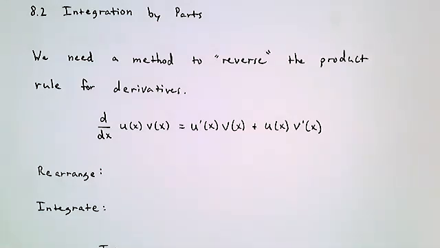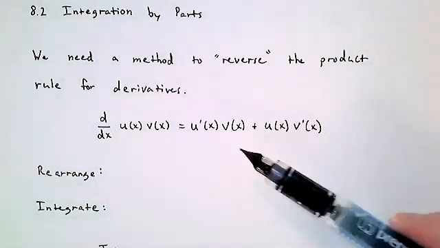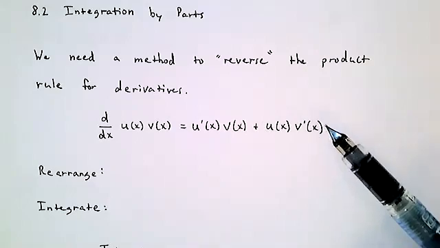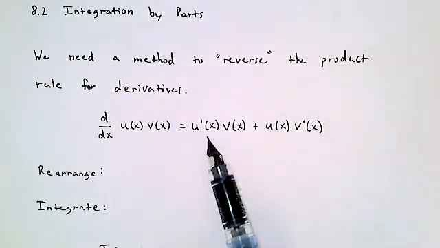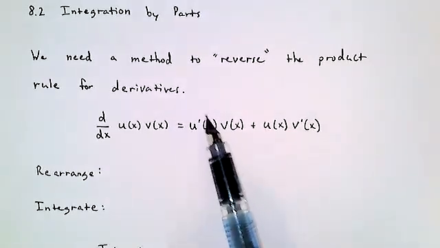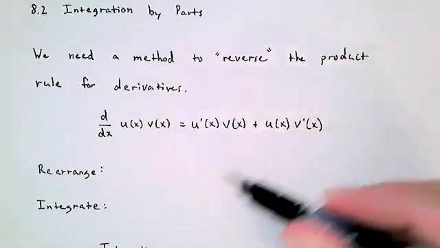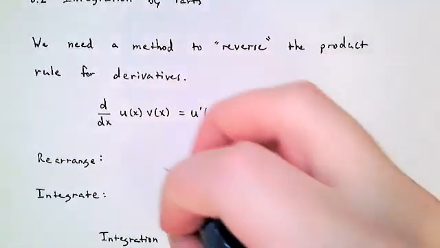Okay. So what I want to do is keep this term on one side and move this other term to the same side as this expression. And I'm also going to reverse the order a little bit.